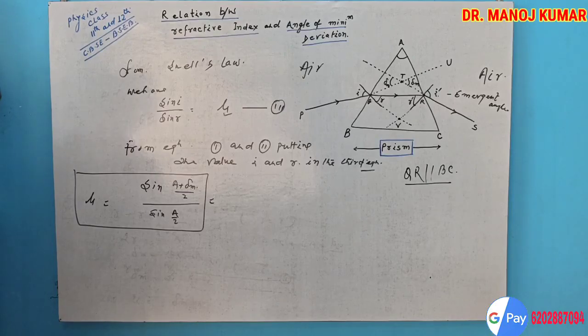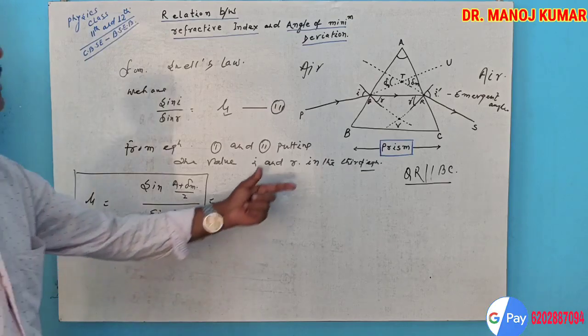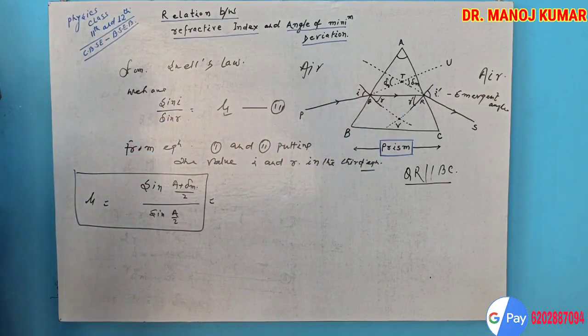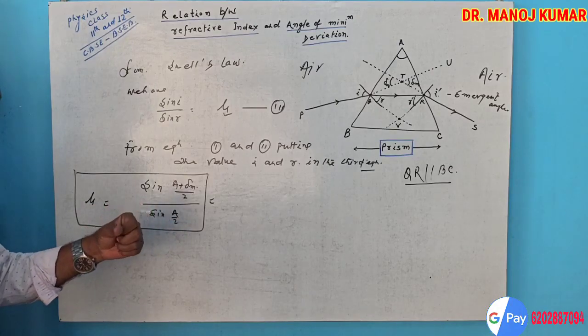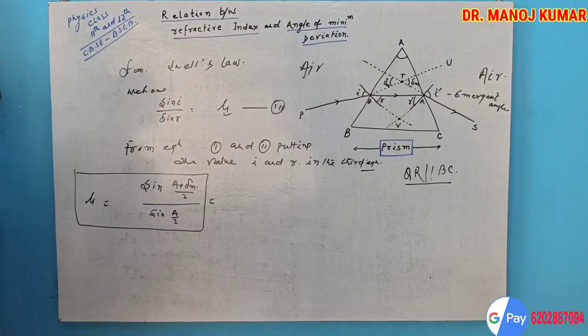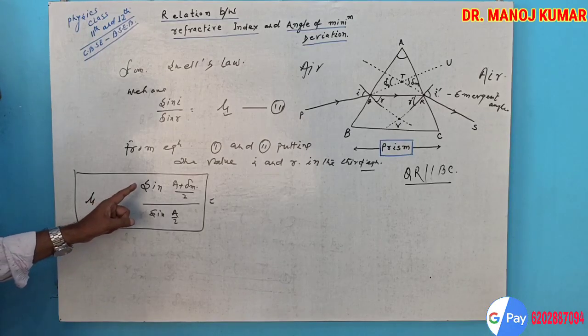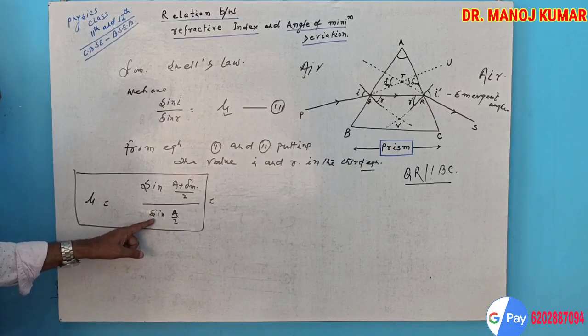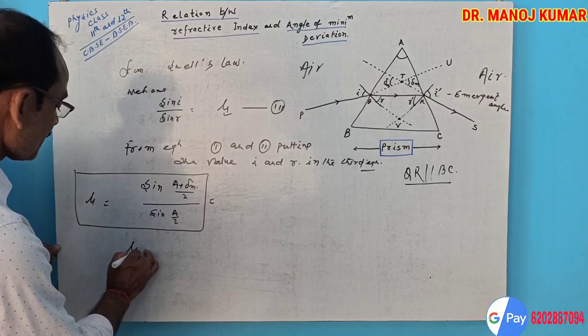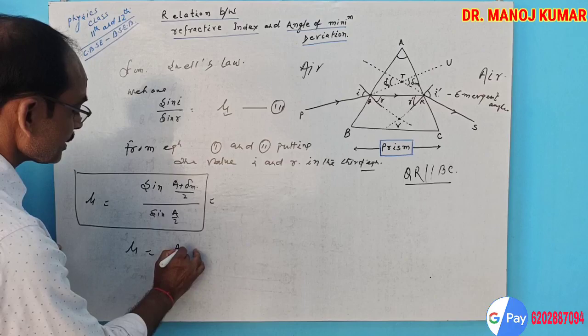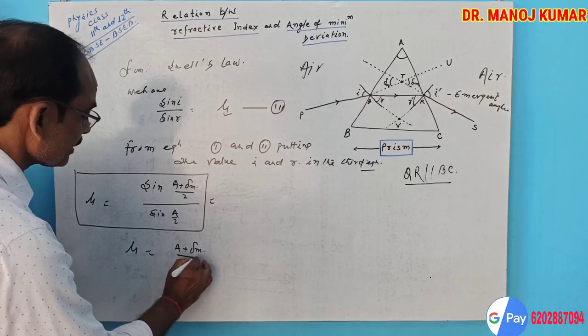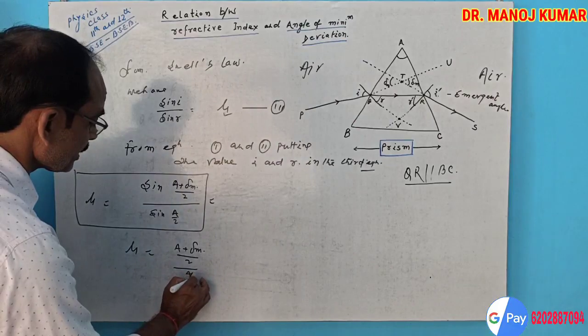You have to determine and deduce the refractive index from a thin lens when angle of minimum deviation. If this sin and sin can be eliminated, then we must write a upon del m by 2 upon a by 2.